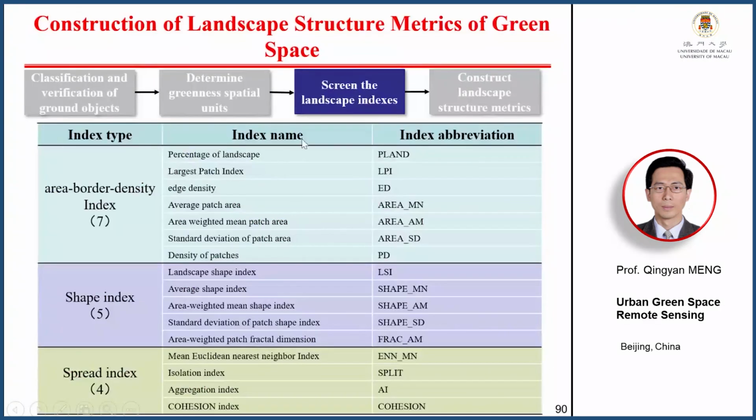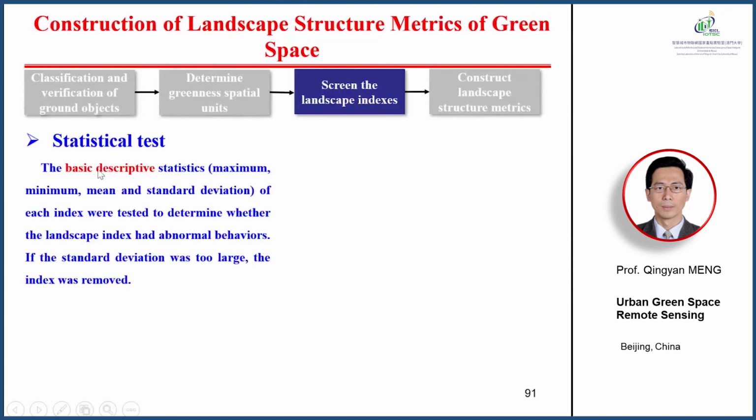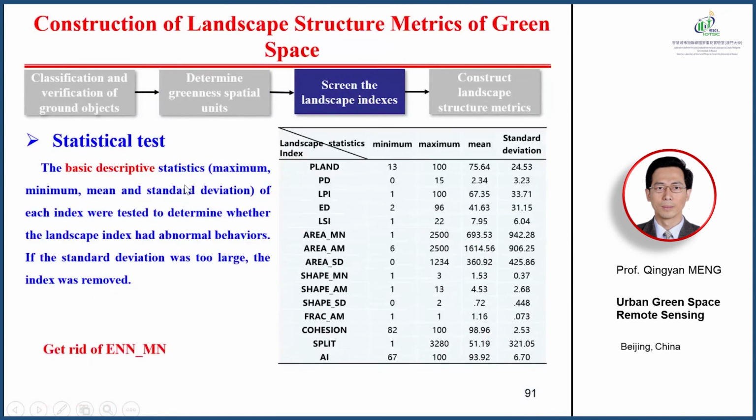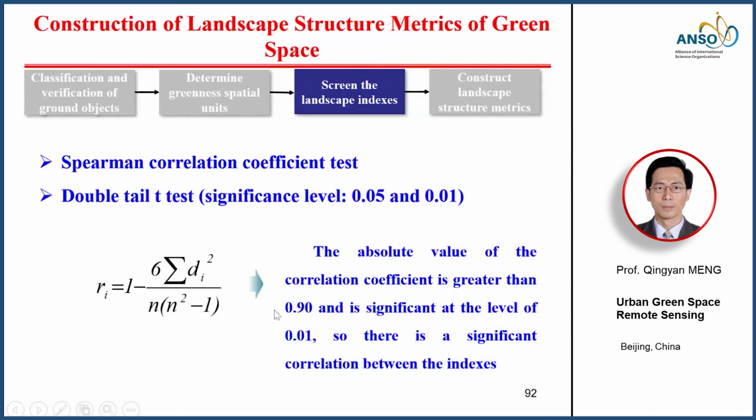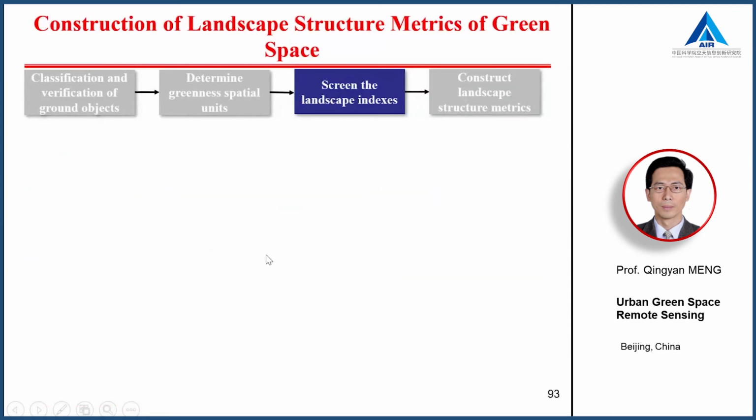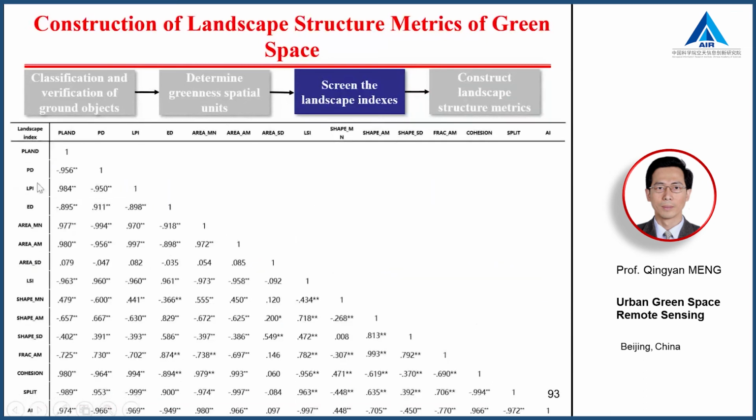Okay, this is the screening of the landscape index: index types, index names, index abbreviations. And then we conduct the statistical test, and we use the Jarque-Bera test of the ENN_MN, and use the Spearman correlation coefficient double tail t-test, and then we screen the landscape index.